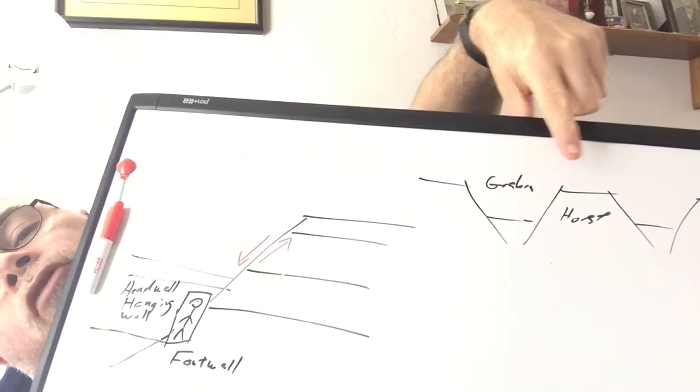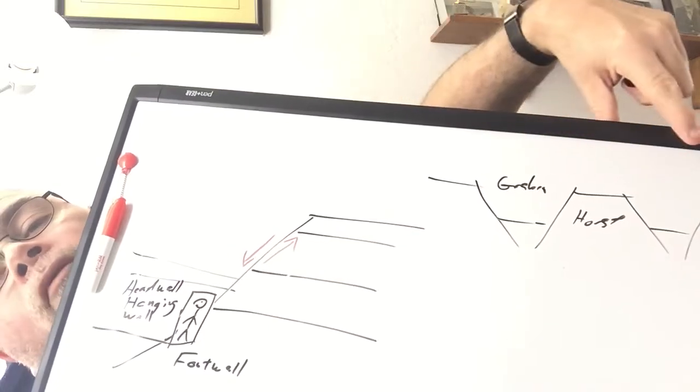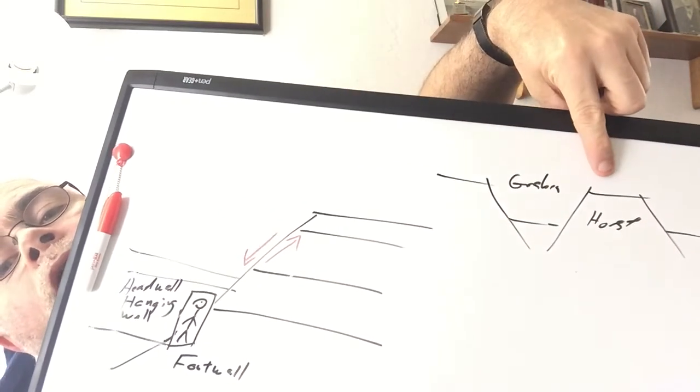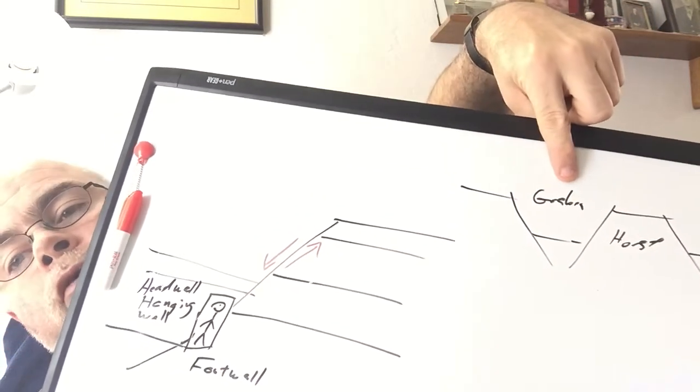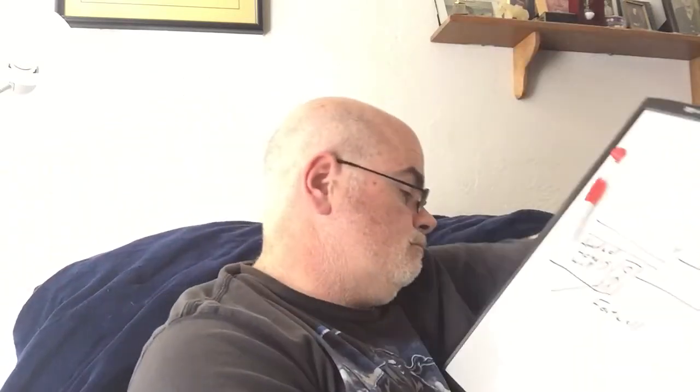We get this extension where we have all these normal faults that are extending the crust. The up-thrown blocks are the Horst, the down-thrown blocks are the Grabens. Okay, now that's tension. Tension basically doesn't form any folds, and it only forms normal faults.